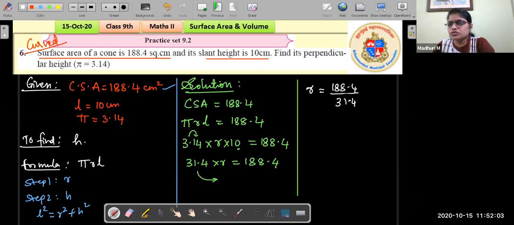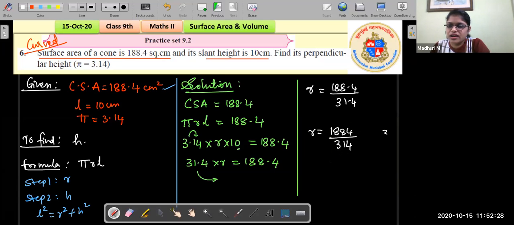And what are we going to do? We are going to get rid of the decimal point first. So multiplying top and bottom by 10, that would give us 1884 divided by 314. And now the calculations. If you look at the numbers closely, you can see that 3 times 6 is 18.